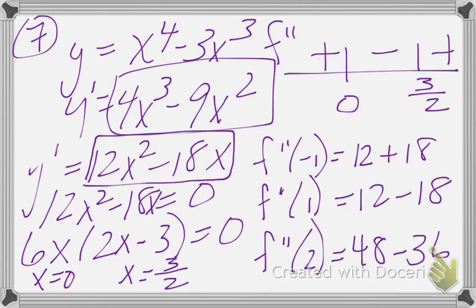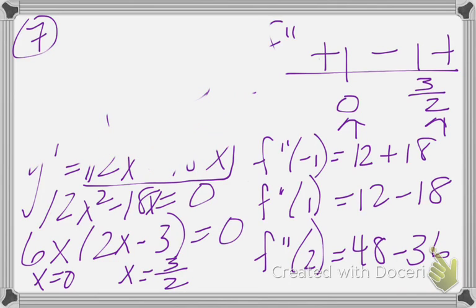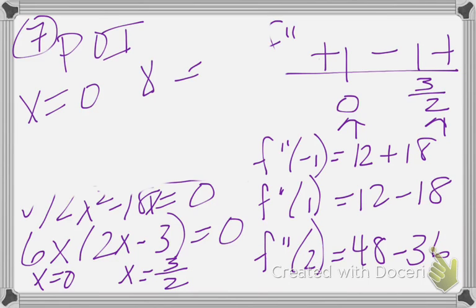Okay, so we need points of inflection, so you can see that there are sign changes here and here. Okay, so we can say that there are points of inflection at x equals 0 and x equals 3/2.